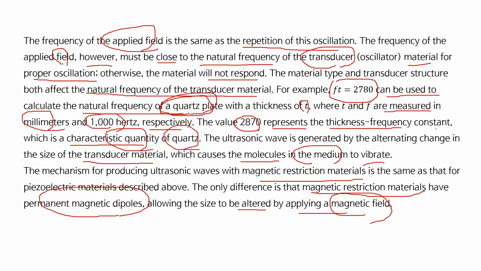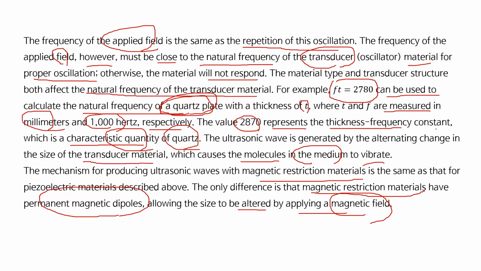So electric dipoles are aligned to the direction of the field. The alternating electric field is changing its direction, so the size of the piezoelectric material oscillates. The same principle can be applied to the magnetostrictive materials. Magnetostrictive material has permanent magnetic dipoles.